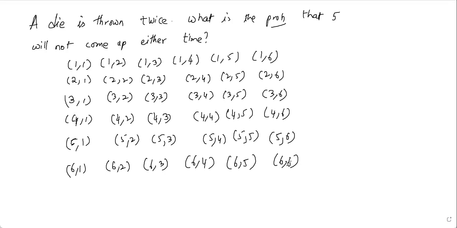So the total outcomes, if you calculate, would be 6 multiplied by 6, which is 36.